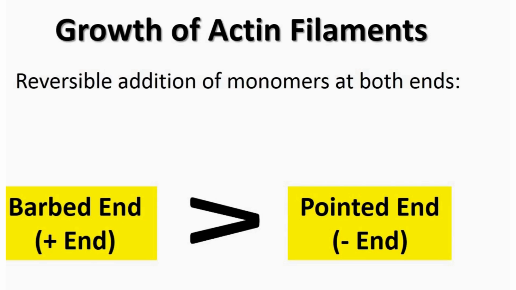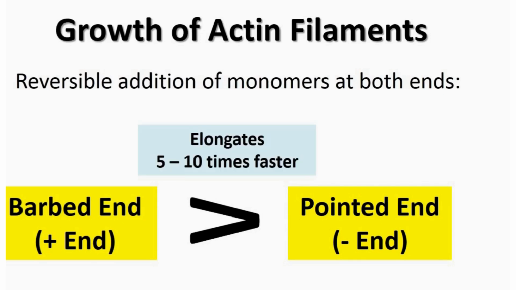In fact, it elongates 5 to 10 times faster than the pointed end. So, first we have to remember the concept that the barbed end or the plus end elongates 5 to 10 times faster than the pointed end.